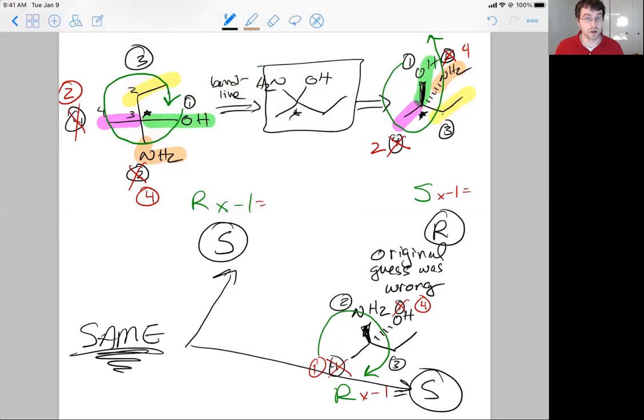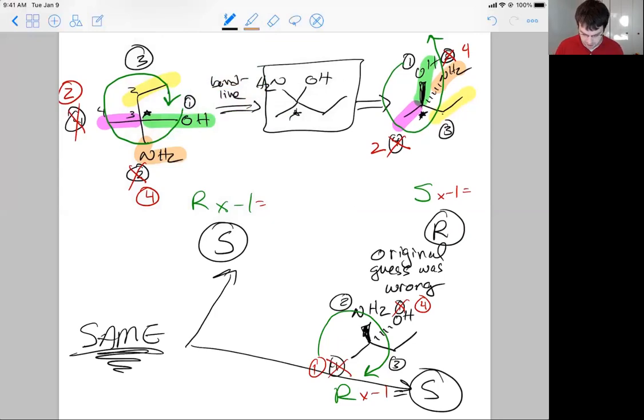That's pretty cool. You know why that's cool? Because we took a Fischer projection with this super awkward, I'm just going to say it, super stupid bow tie arrangement. But we converted it into a bond line structure just by doing a little guess and check. We guessed a structure. We made sure it had the same connectivity. And if you have the same connectivity and the same RS assignment, it's the same molecule, just depicted differently.